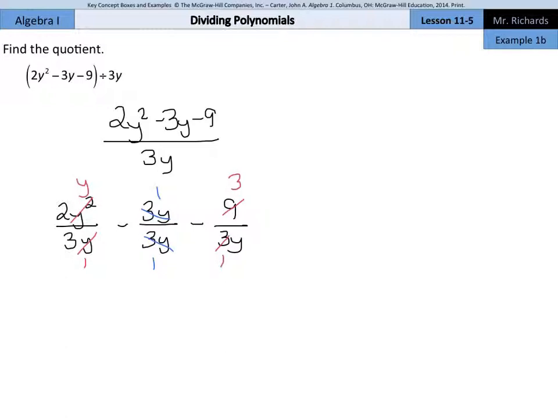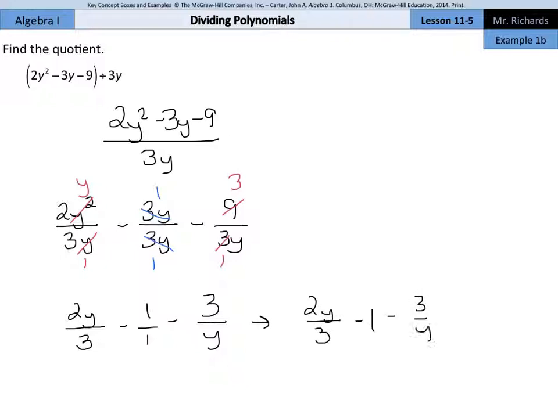So now if we reorganize this, we're left with 2y over 3 minus 1 over 1 minus 3 over y. So we can just write this simplified as 2y over 3 minus 1 minus 3 over y. And that is our quotient.